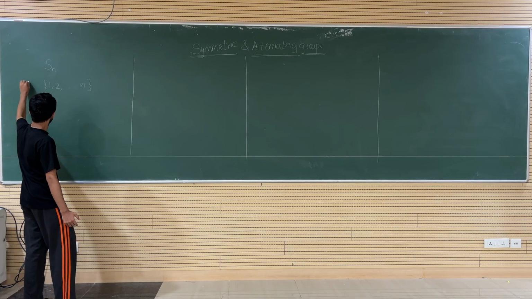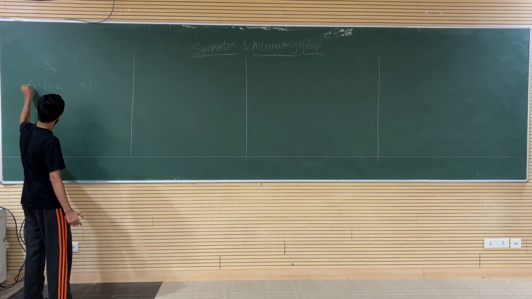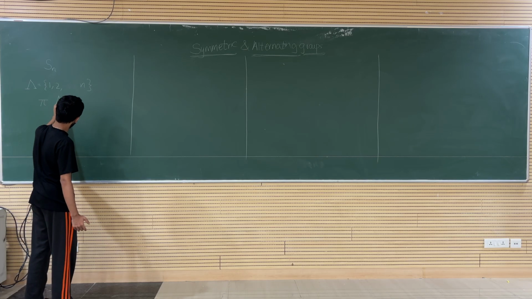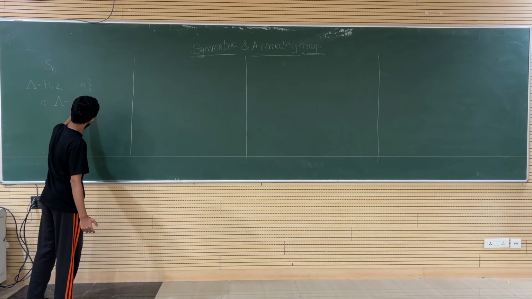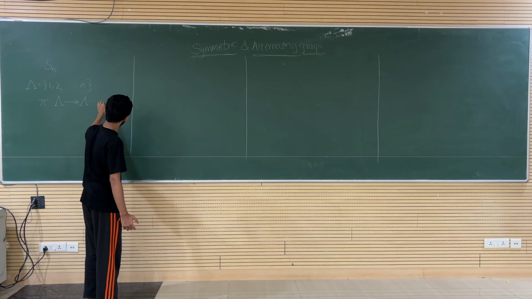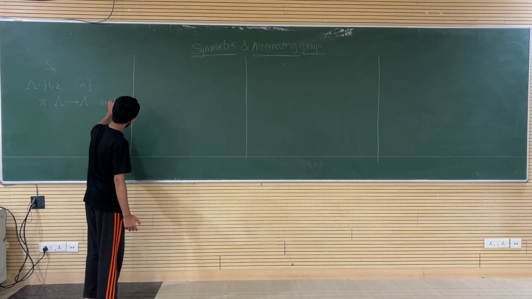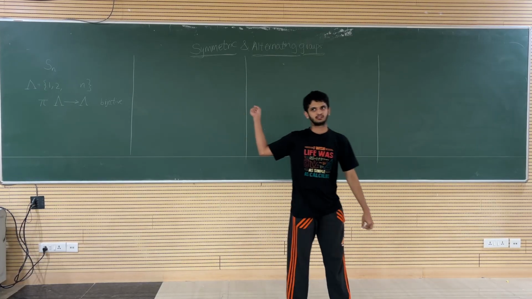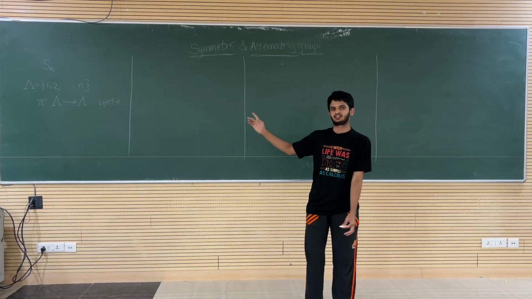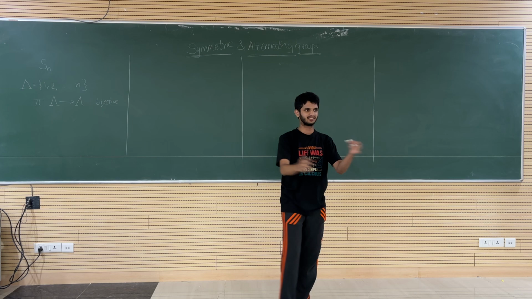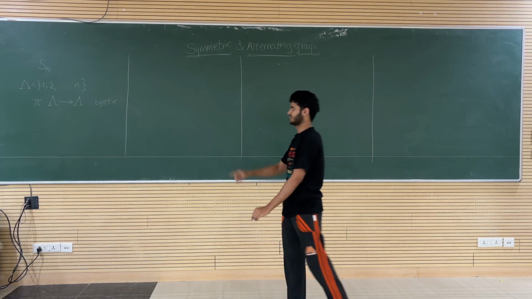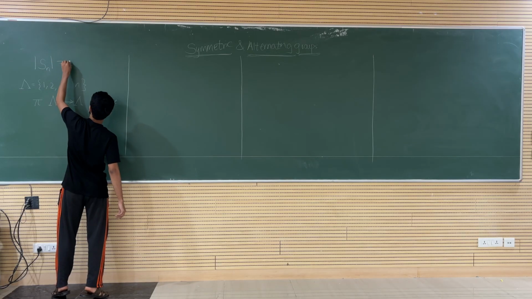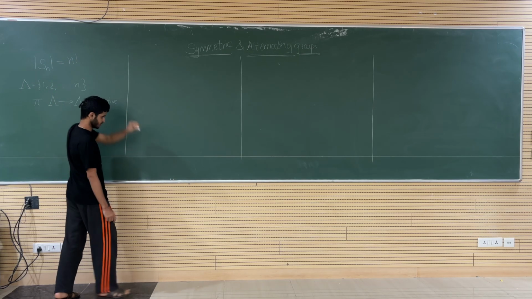Call this set capital gamma. Look at all the maps from gamma to gamma which are bijective. How many elements do we have here? N factorial. That's basically the number of ways you can arrange n many objects. So the size of a symmetric group is n factorial.